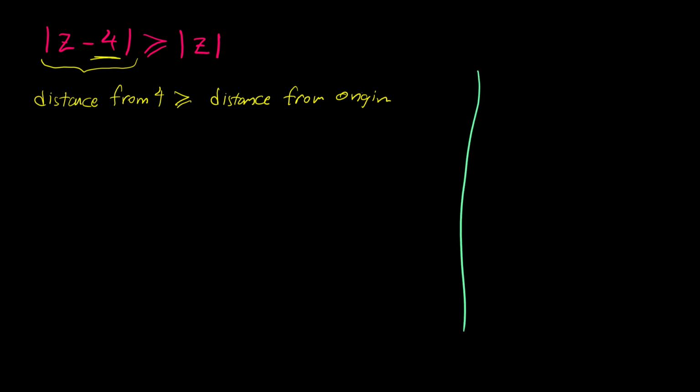Let me draw the vertical and horizontal axis here, or real axis and imaginary axis. Let's suppose 1, 2, 3, 4 is here. Origin is here. Now, think of points whose distance from 4 is bigger than their distance from origin.